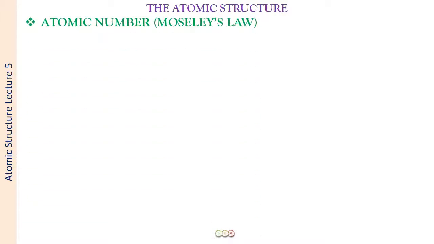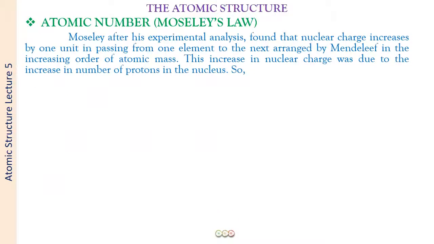So what is basically atomic number? You can understand this by Moseley's law. And what is Moseley's law basically? Well, I hope you all remember during the class 10th you studied the periodic table, and in that you studied about Mendeleev. And what did he do?